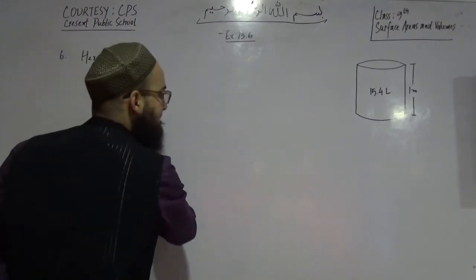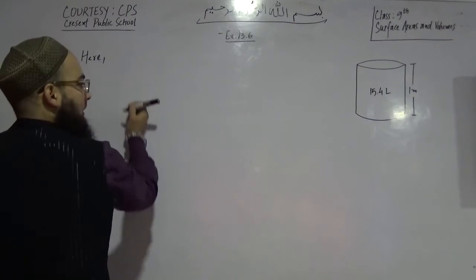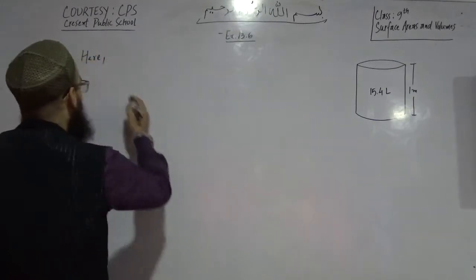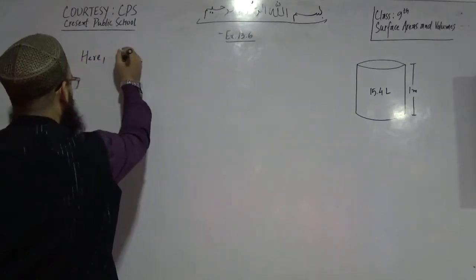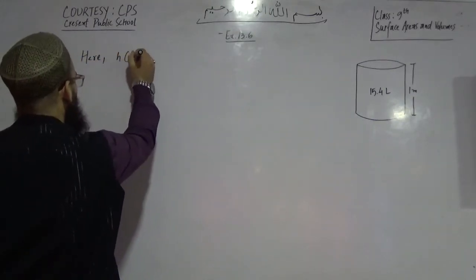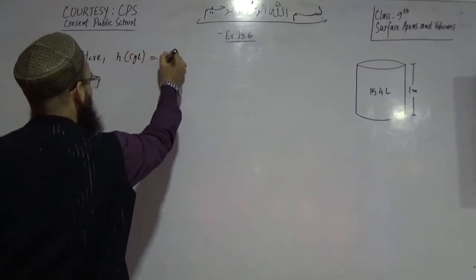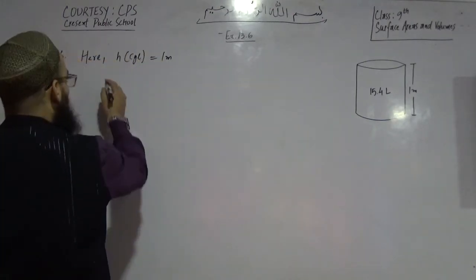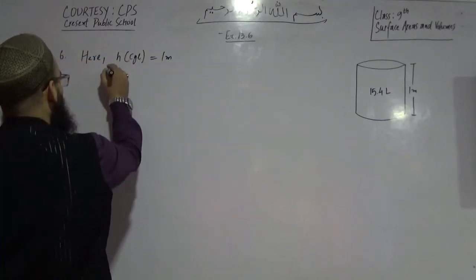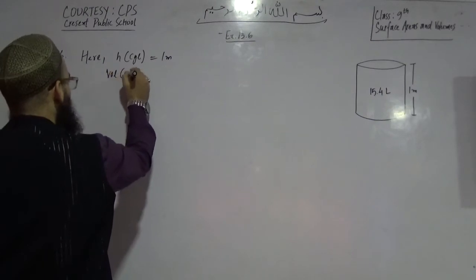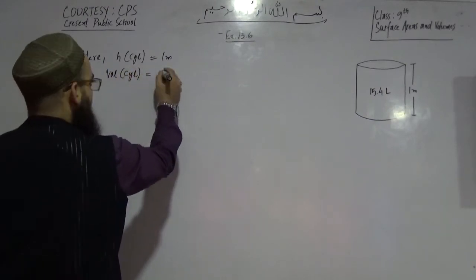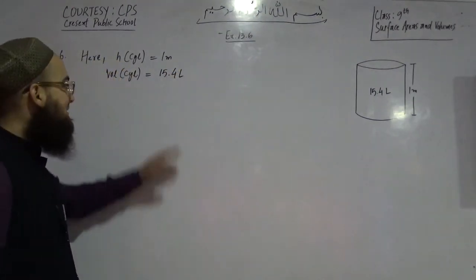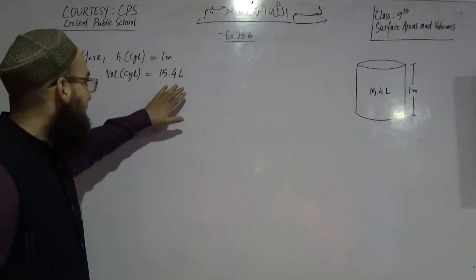Here, height of cylinder is equal to 1 meter. Then you have volume of cylinder, it's given. It is 15.4 liters. Let us convert this to cubic meters.